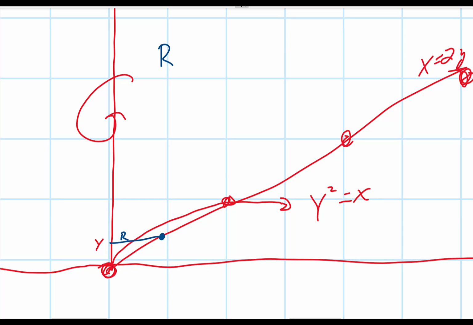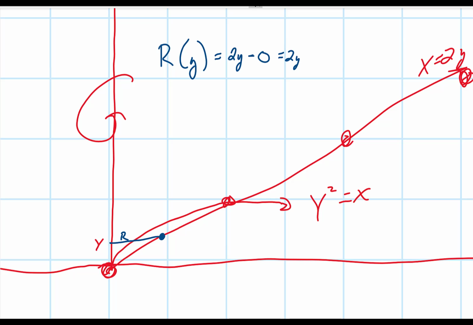So we know R of y in this case, since we're integrating with respect to y, is just going to be the value of this linear equation minus our axis of rotation. So it's going to be 2y minus 0, which is just 2y.